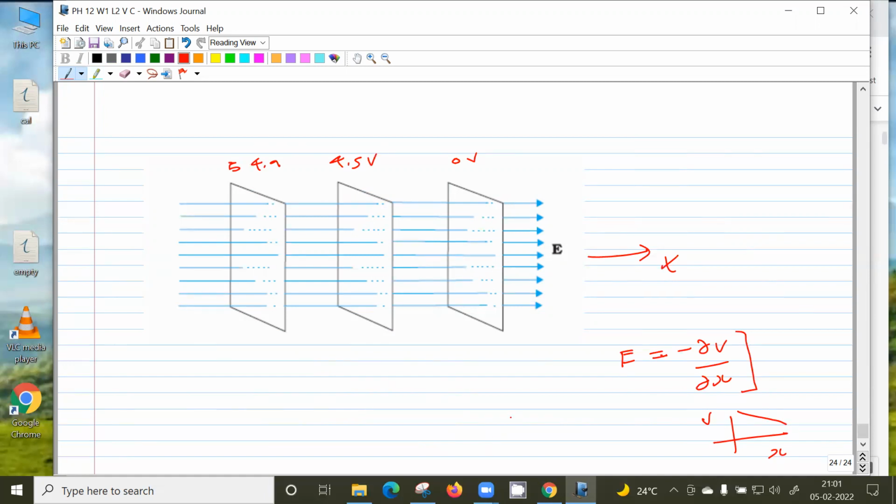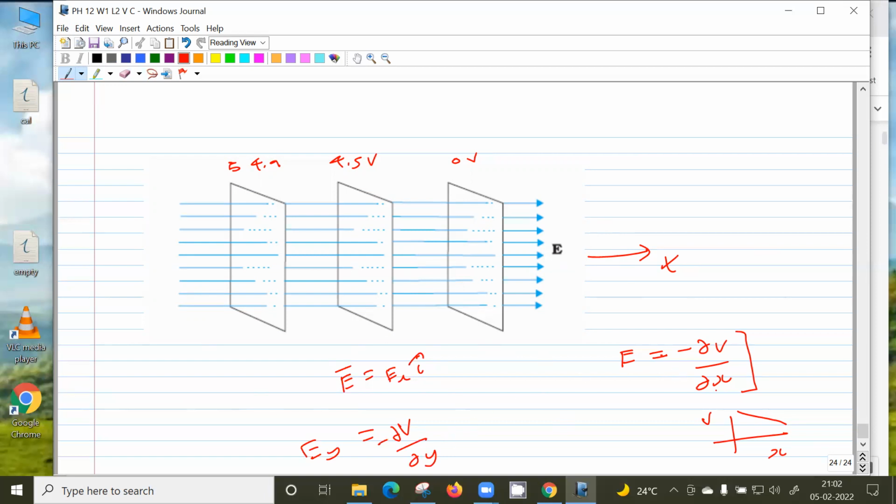Sir, I'm asking, will points within that sheet have different potential? No. See, the electric field is Ex i cap. There is no j component. If you have to get Ey, it will be the gradient in the y direction. So if you have to get the electric field in the y direction, I have to take the gradient of potential with respect to y.